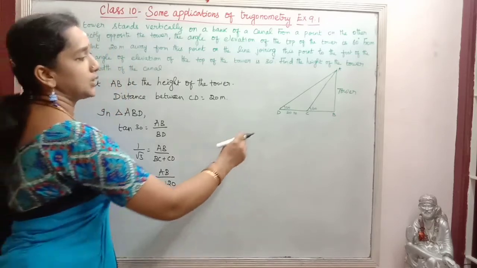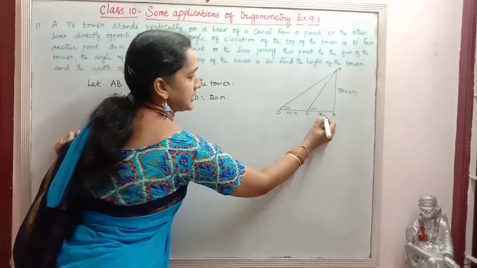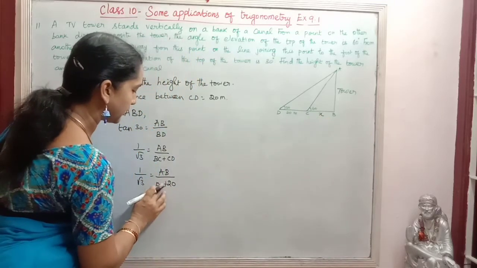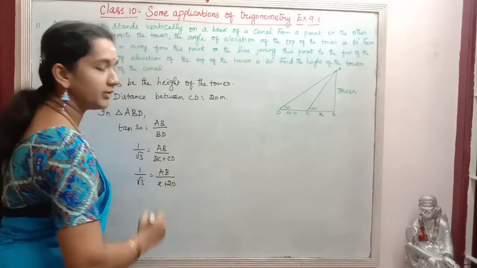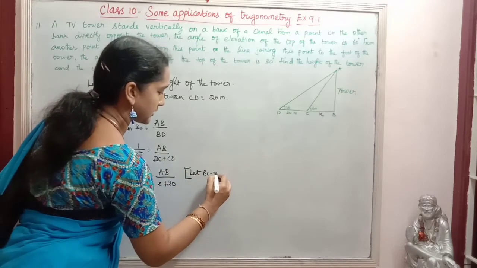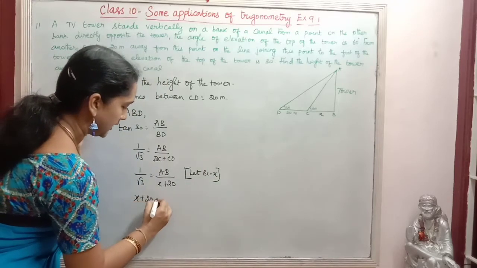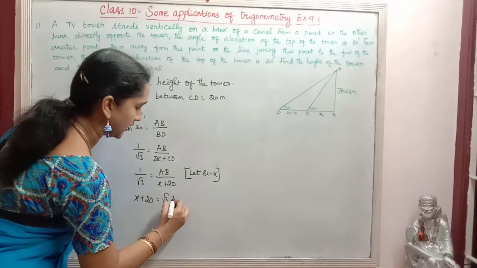Here we will take the distance BC as x, so let BC is equal to x. So x plus 20 is equal to root 3 into AB.